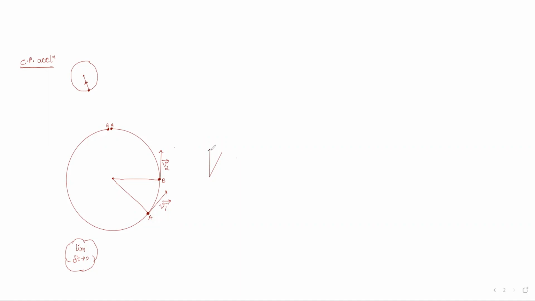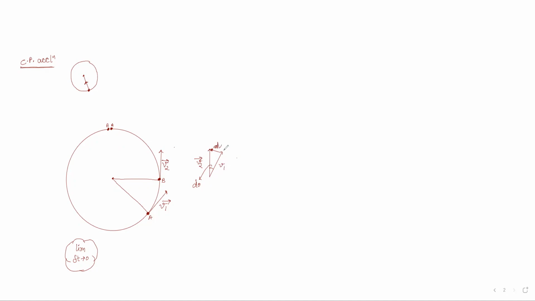So this is our vector v2, and this is the vector v1, and this is a very small angle, let's call it d theta, such that this part will be dv, the difference between these two vectors.